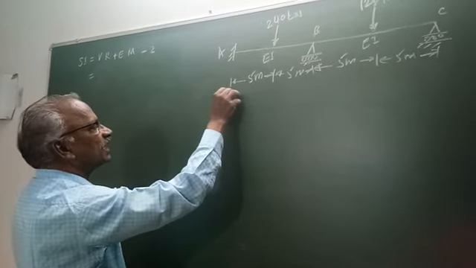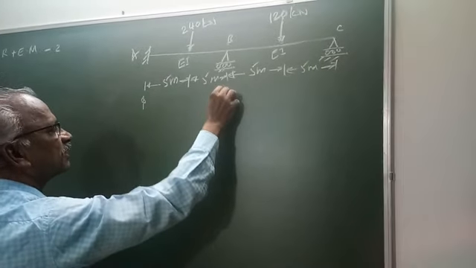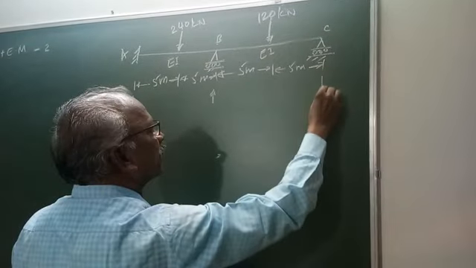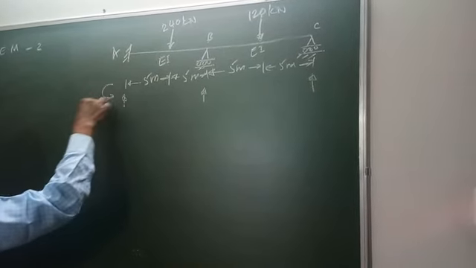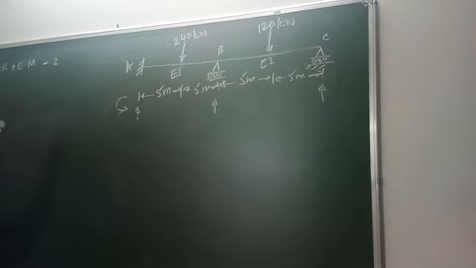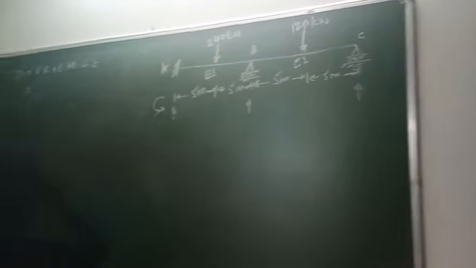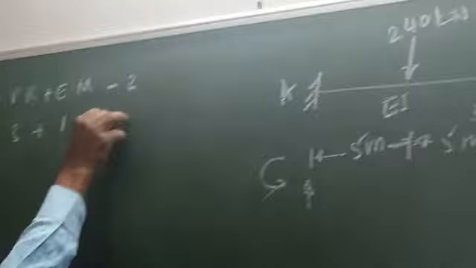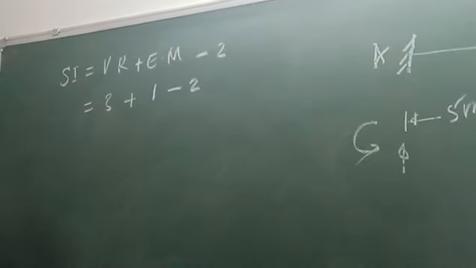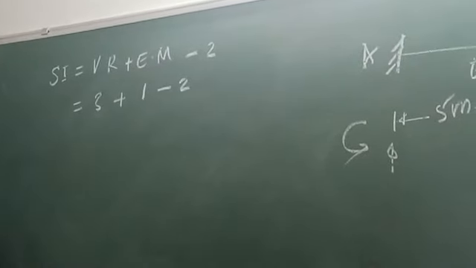So here vertical reaction, you have one reaction. Here there will be another reaction. Here there will be another reaction. 3 vertical reactions. A being a fixed end will carry a moment. So there is one end moment, the right side there is no moment, therefore 3 vertical reactions plus 1 end moment at the left minus 2 as I told in the earlier class.